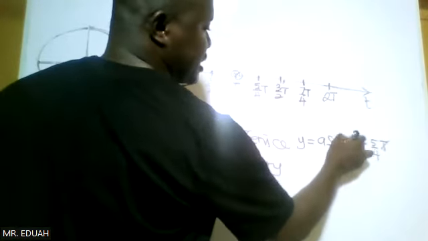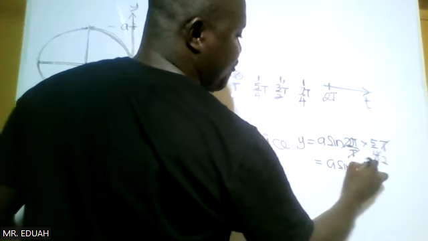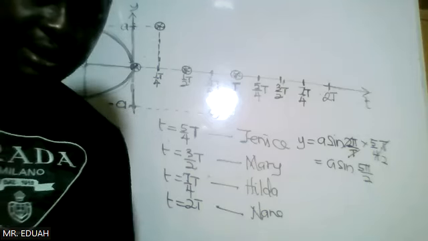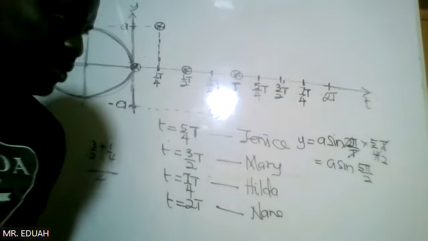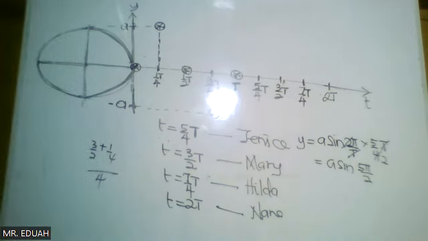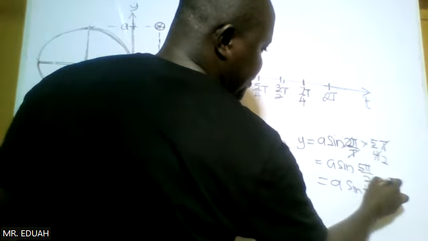So we have A sine 5 pi on 2. And what is 5 pi on 2 in degrees? 450. And what is sine 450? 1. So Janice, this is A sine 450 in degrees, and sine 450 is equal to 1. Therefore, the displacement will be equal to A.